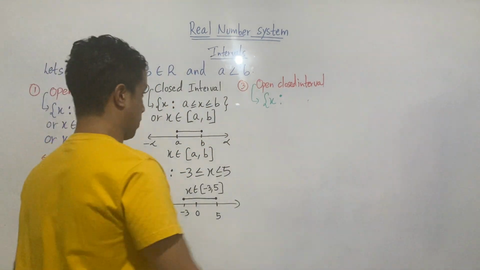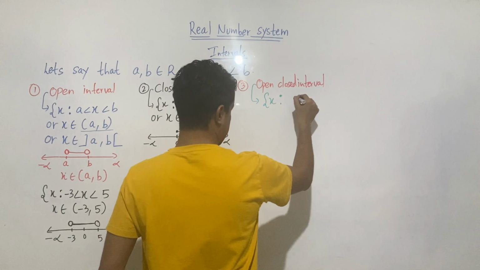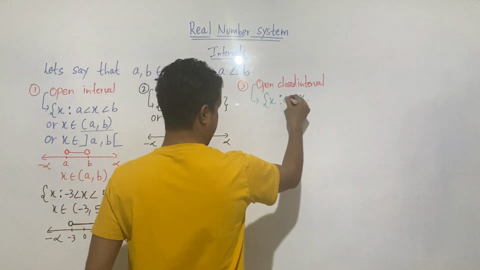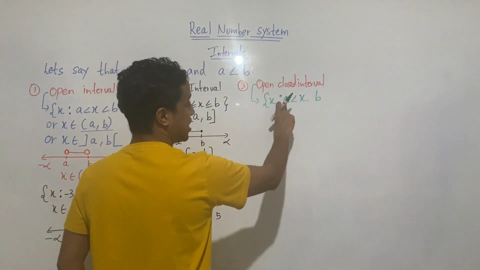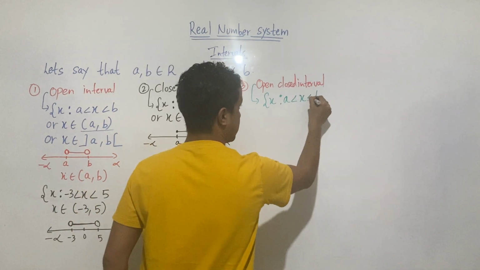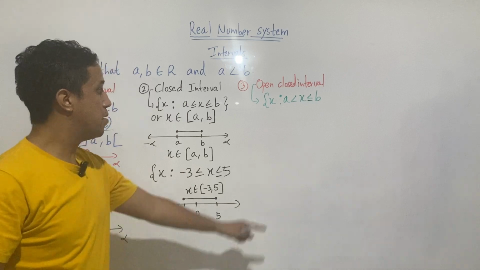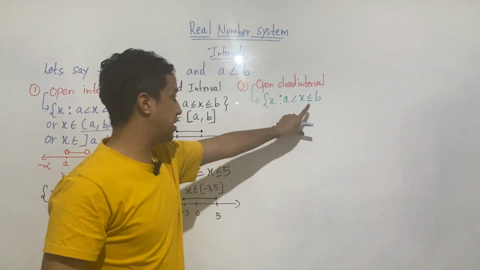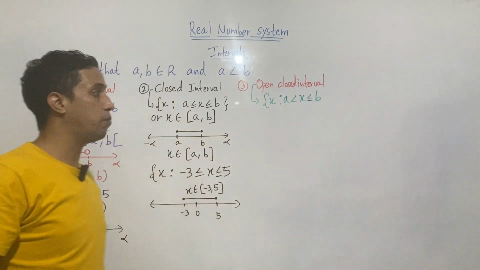So it means x can take any value between a and b, and x cannot take a as a value, right? But it can take value b. Why? Because this side is open and this side is going to be closed. I hope you understand it.